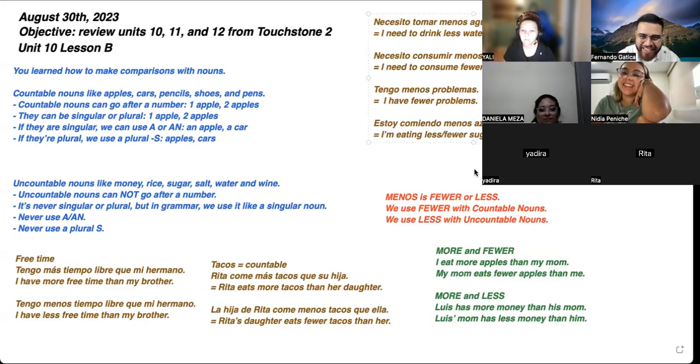Less. Countable, sure. So Frangie, you say less or fewer? Less. Sugar is uncountable. Okay. Ari, what do you say? Less or fewer? Less. All right.